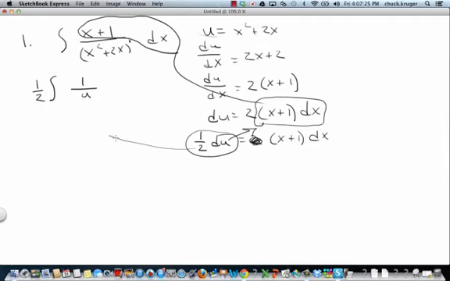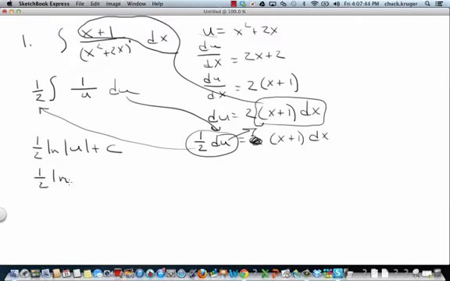It comes from this. Here's du. Comes from this. And I'm going to take the antiderivative of that, so it's going to be 1/2 the natural log of the absolute value of u plus c. Well, what's u? u is x squared plus 2x. So I have 1/2 the natural log of x squared plus 2x plus c.